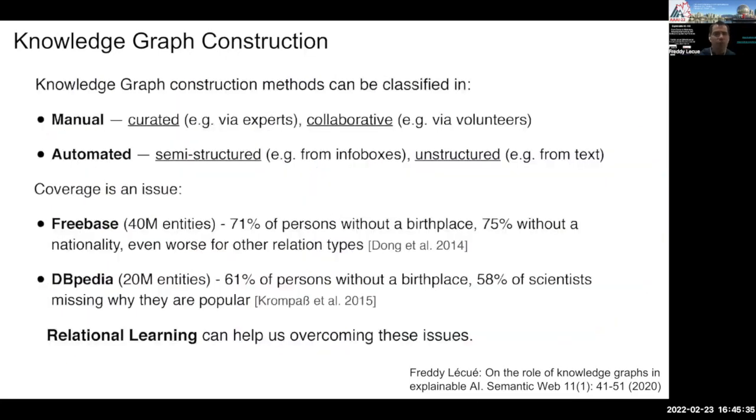In terms of graphs, you may have many different techniques for building them. They might be manual or automated, so you have different coverage. As I mentioned earlier, it might be messy, and when I say messy, I mean it's not complete.